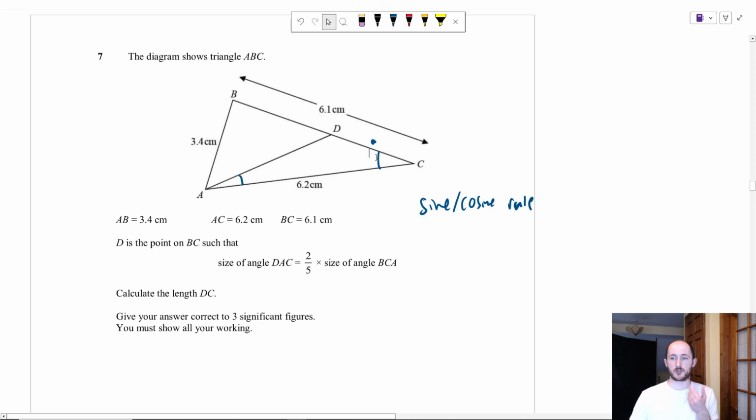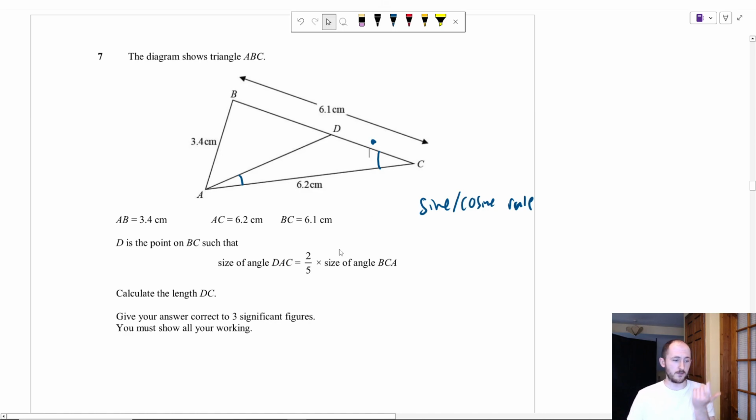I can't do that straight away, because if I just look at this small triangle here, I only have one side. So I can't use the sine or cosine rule to work out anything. It's not enough information. However, if I work out this angle, I'll immediately know this angle, and therefore know this angle, because angles in a triangle add up to 180, which means I can use sine rule. Yeah, so I think that's what makes sense.